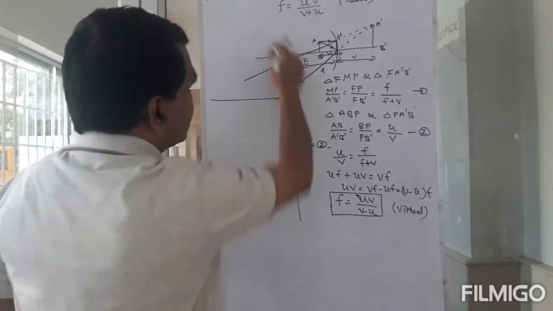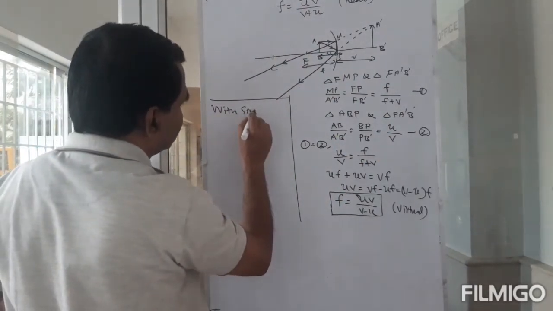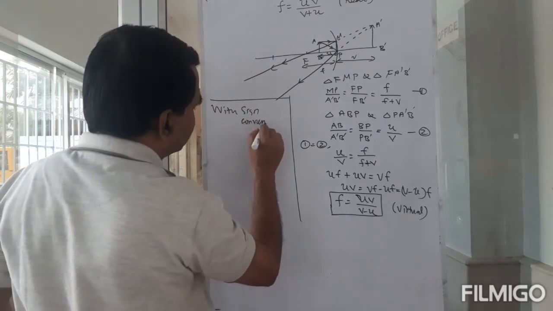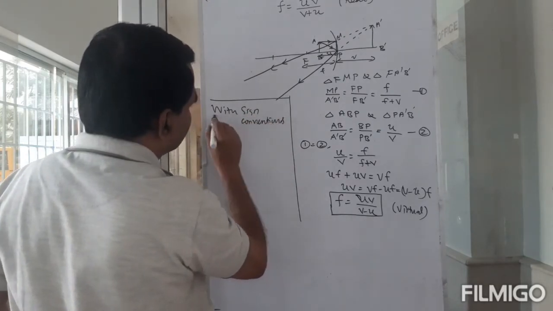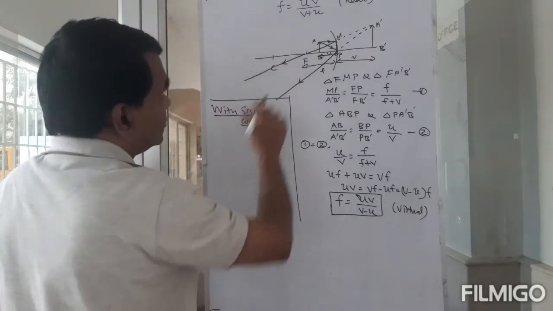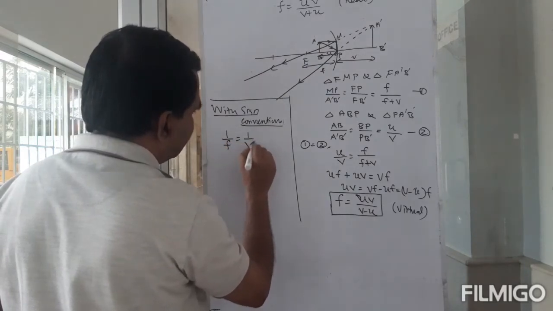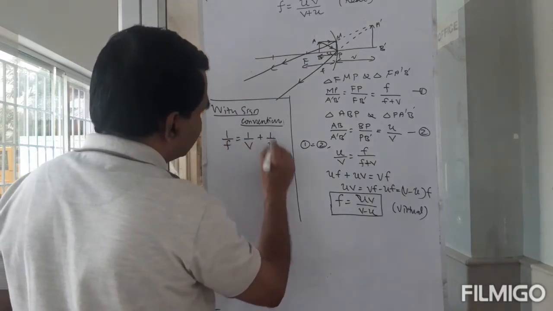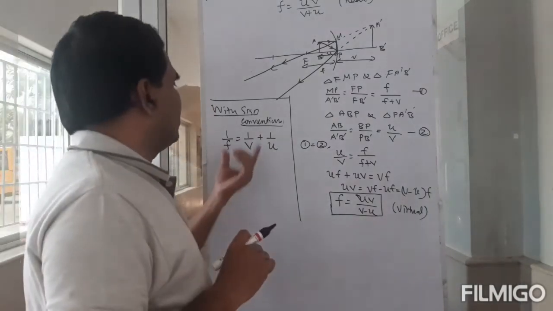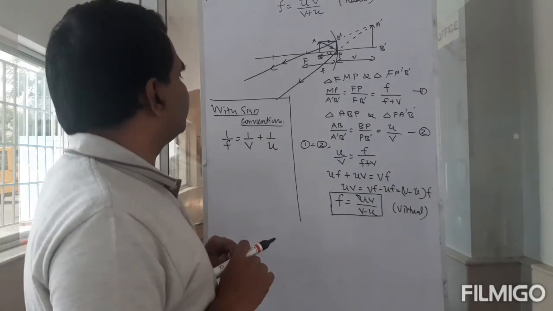This is without sign convention. With sign conventions, what you can do is 1 by f is equal to 1 by v plus 1 by u. So this is the formula that you should use.